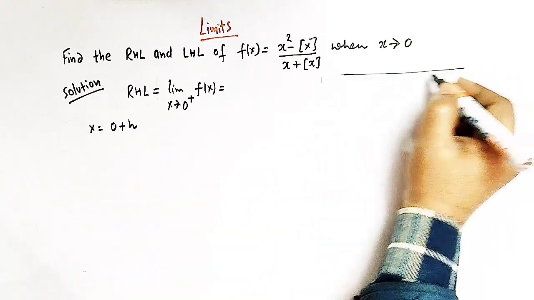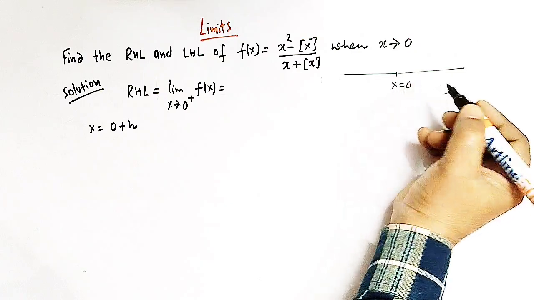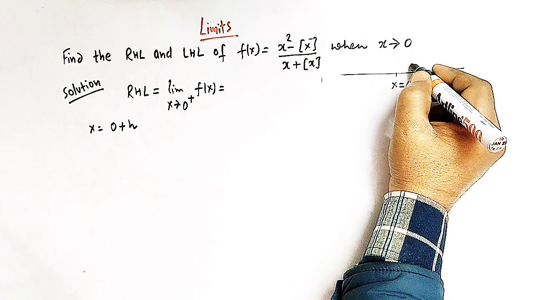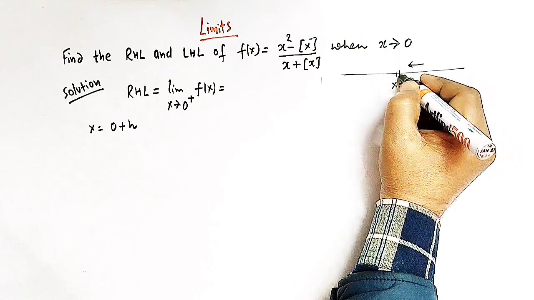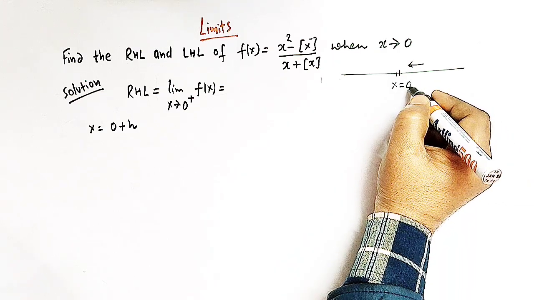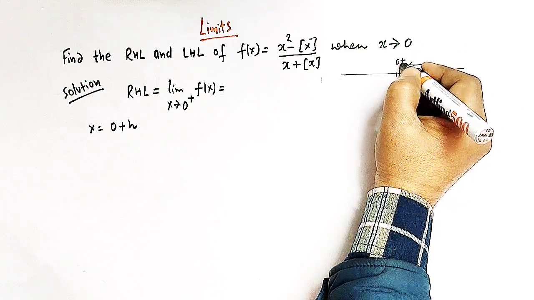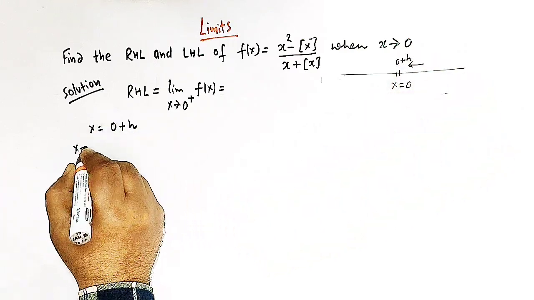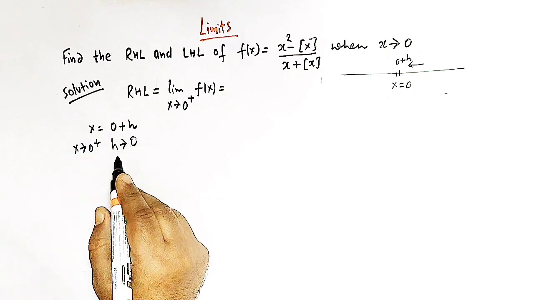So here we have the real number line, x is equal to 0. So when we approach towards x is equal to 0 from the right of x is equal to 0, then we have a point in the right neighborhood of x is equal to 0, and this point is 0 plus h, right? And here when x tends to 0, then h also tends to 0.